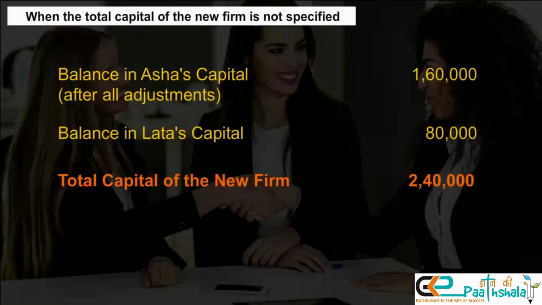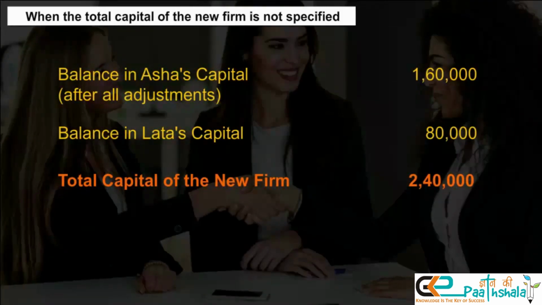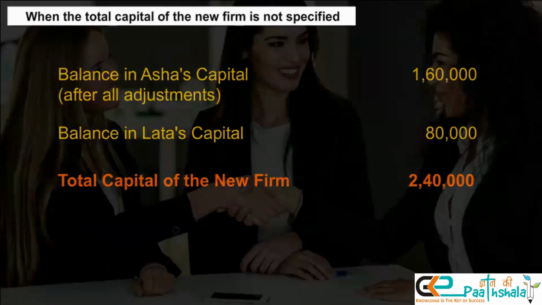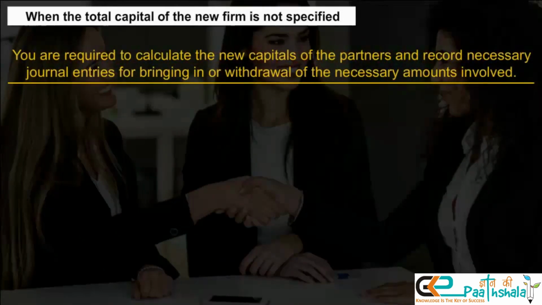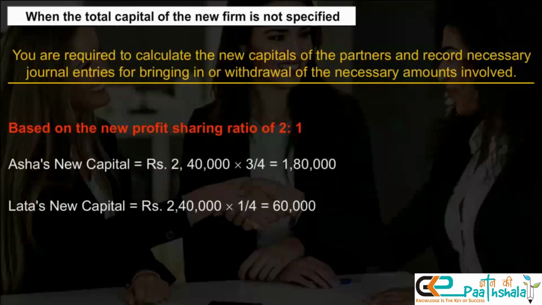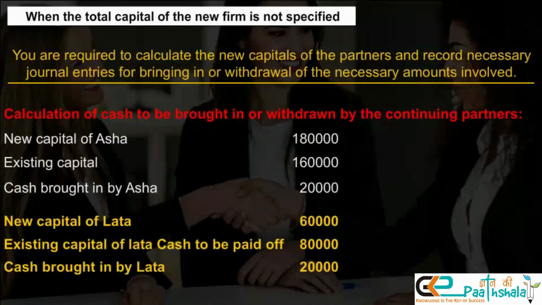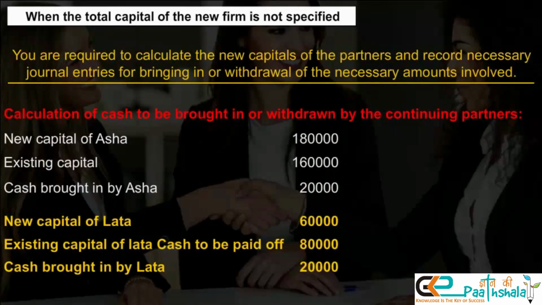It was decided to adjust the capitals of Asha and Lata in their new profit-sharing ratio. You are required to calculate the new capitals of the partners and record necessary journal entries for bringing in or withdrawal of the necessary amounts involved.